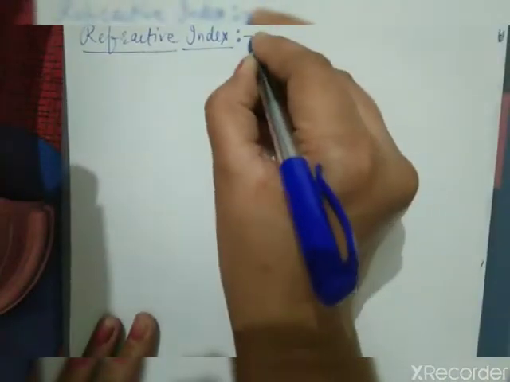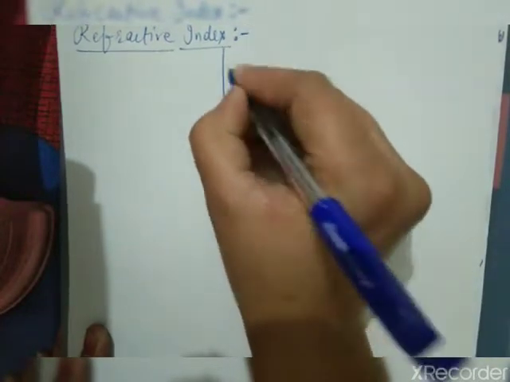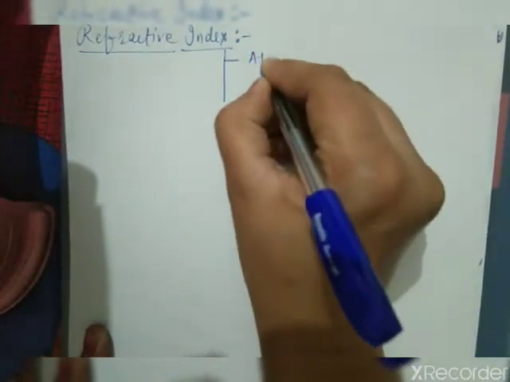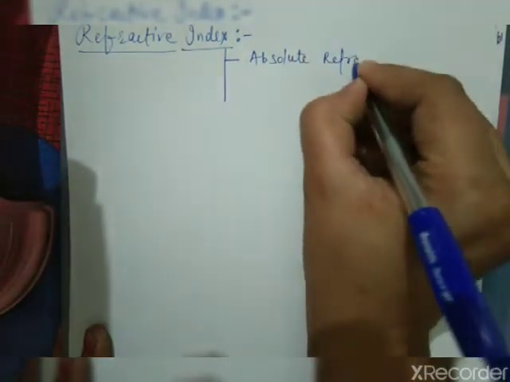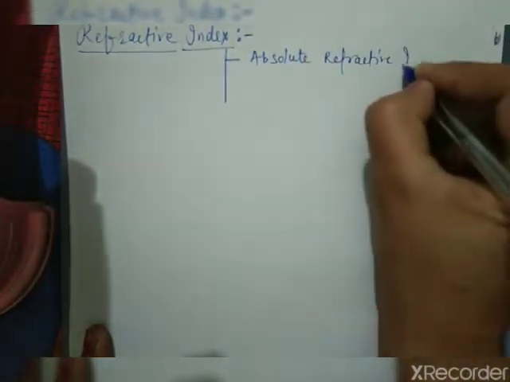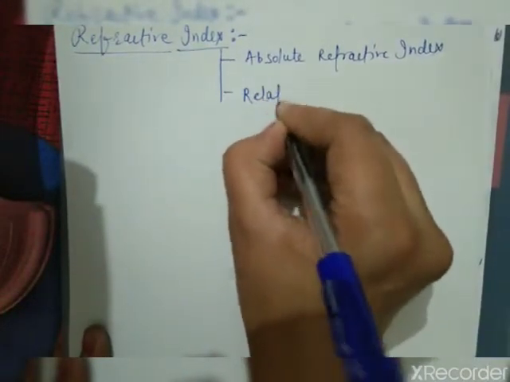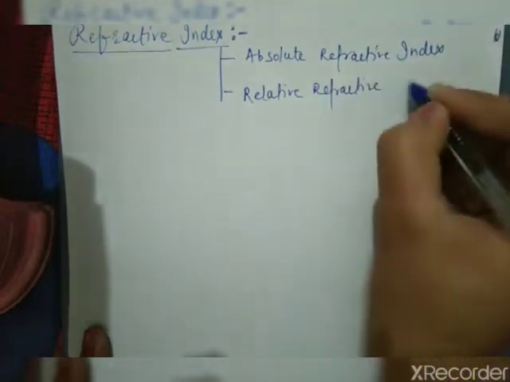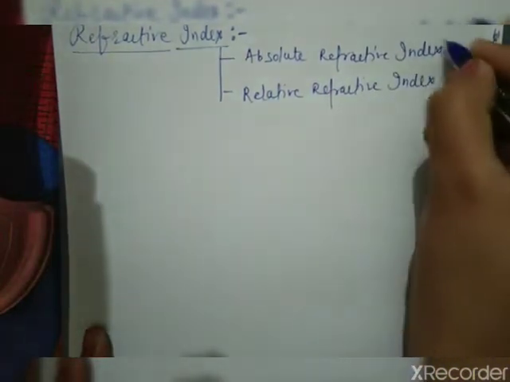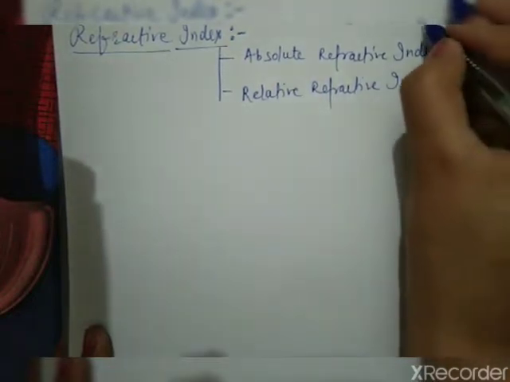Refractive index can be understood by taking its types, that is absolute refractive index and the second one is relative refractive index. Absolute refractive index deals with a medium.